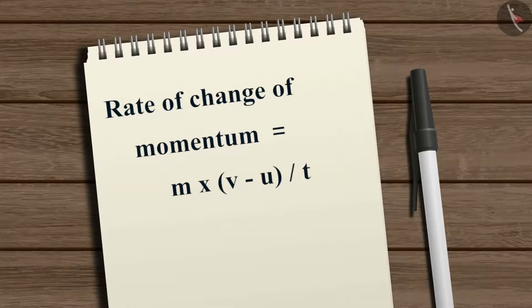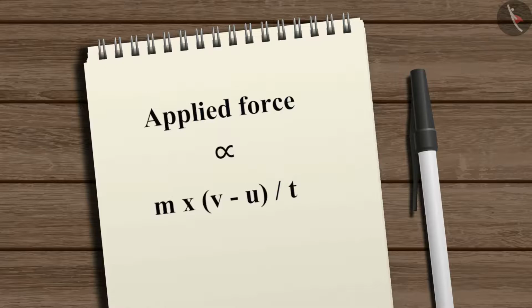Hence, the rate of change of momentum will be equal to m multiplied by v minus u, which is then divided by t. That is, the applied force is proportional to m multiplied by v minus u divided by t.